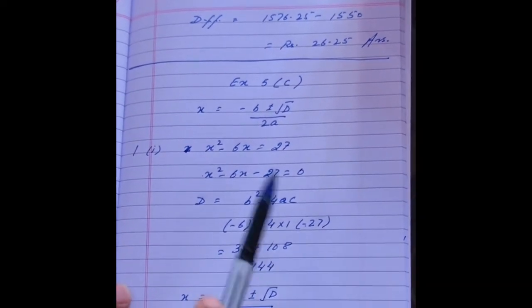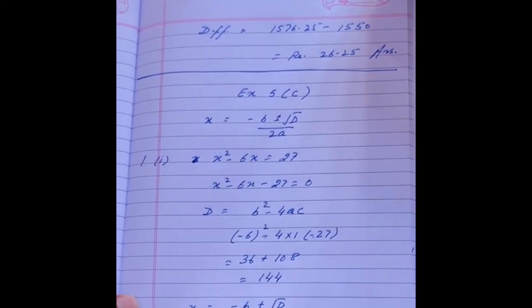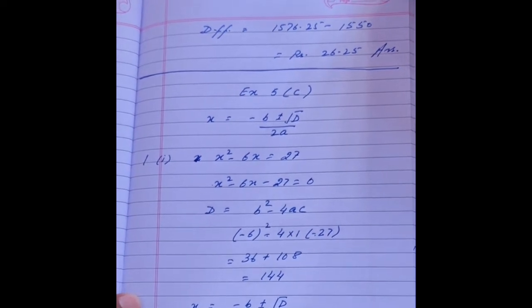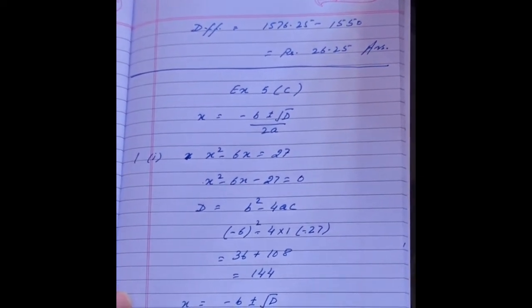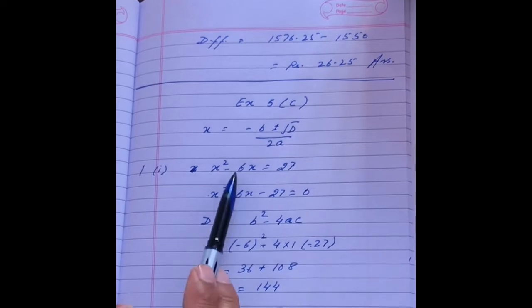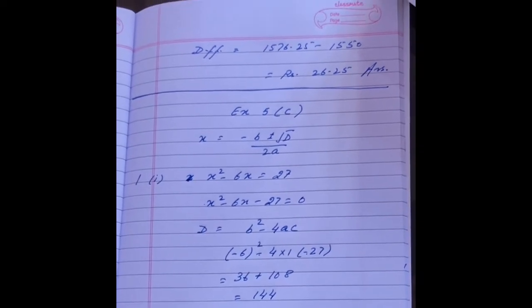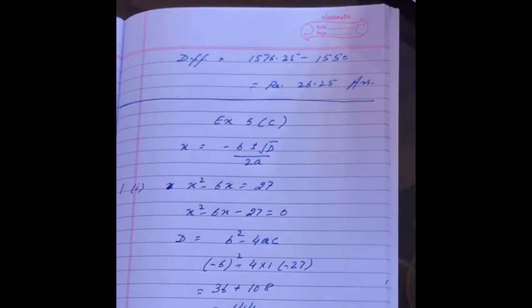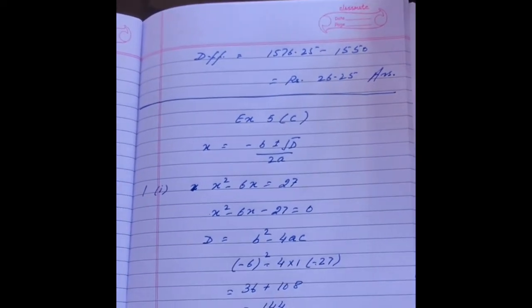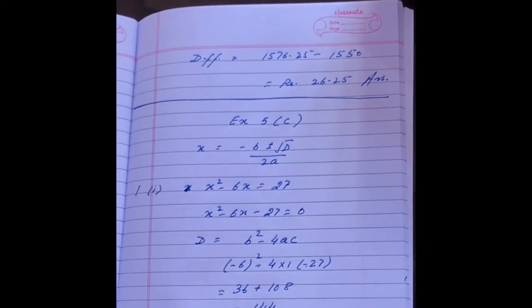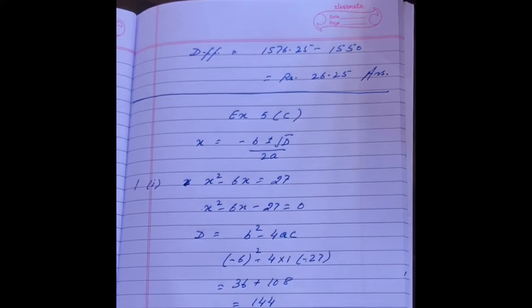Remember, this minus is from the formula, and the value of b is minus 6. So you have to keep in mind that signs should be correct.